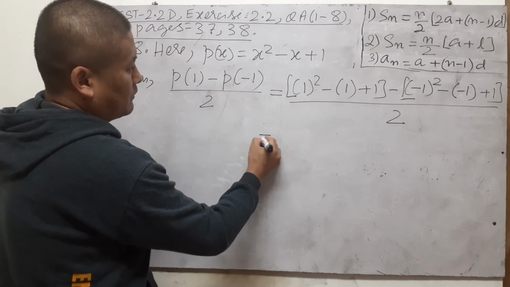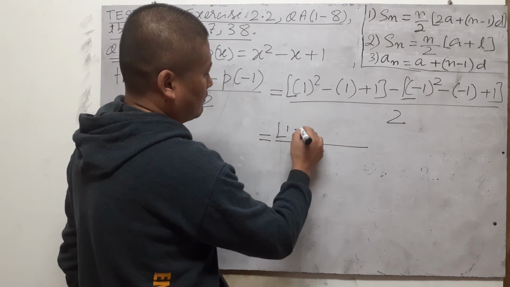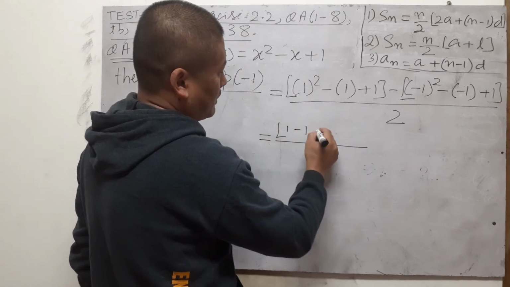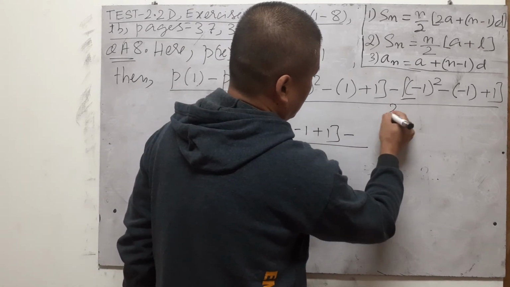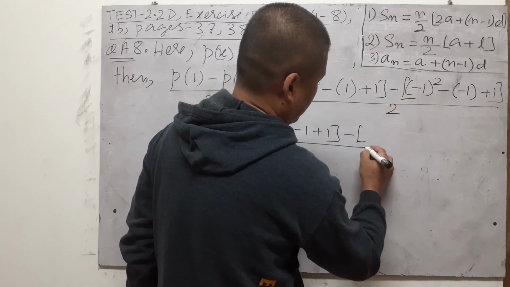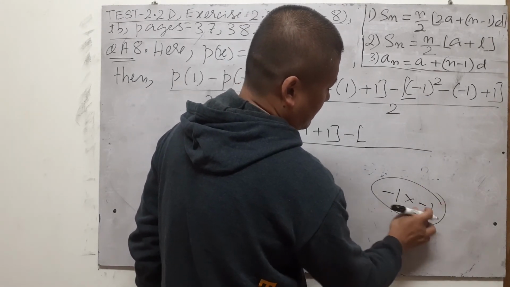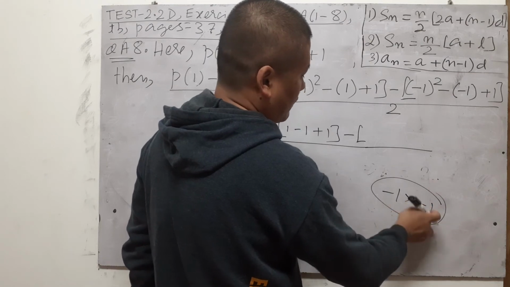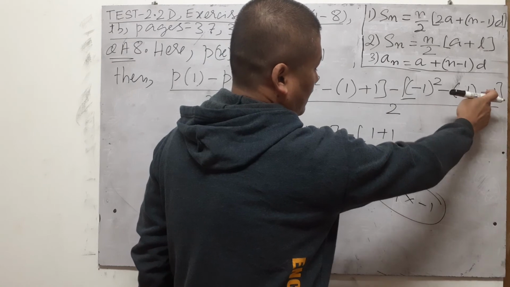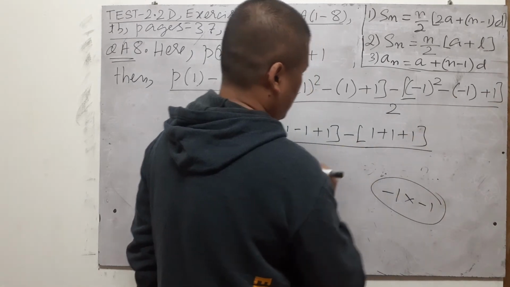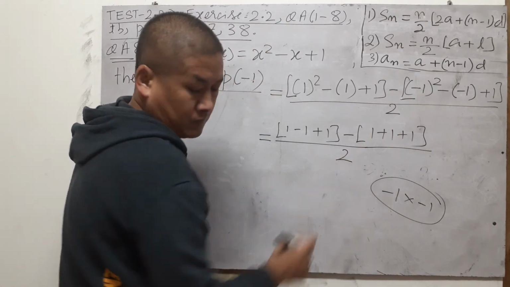So it's a matter of solving it slowly. Here 1 ones are 1, so we'll just write it minus 1, minus in the plus minus, plus 1, and minus. Then here minus into minus 1 into minus 1, minus 1 square, minus in the minus, plus, so 1 ones are 1, plus 1, and minus in the minus, plus 1, and then here plus 1, divided by 2.